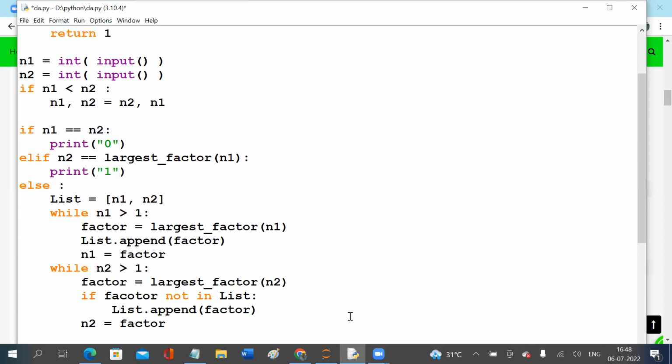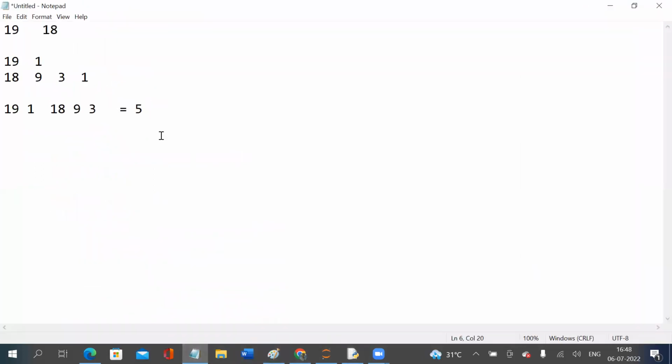For 19, the factors are 19 and 1. For 18, we have 9, 3, 1. First, you added 19 and 18, then 1, 9, 3, and 1 will not be added again because 1 is already there.